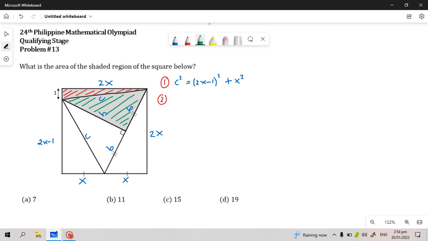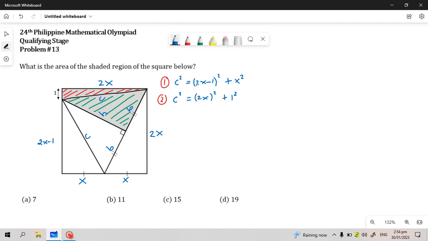Okay, let's go back. So from the red right triangle, I can create the equation c squared equals 2x squared plus 1 squared.